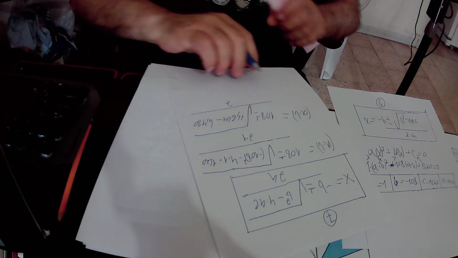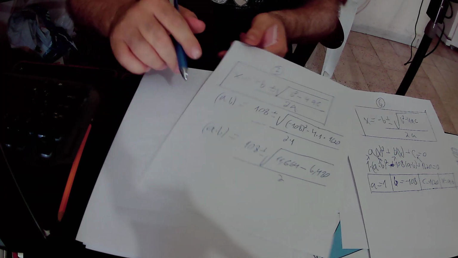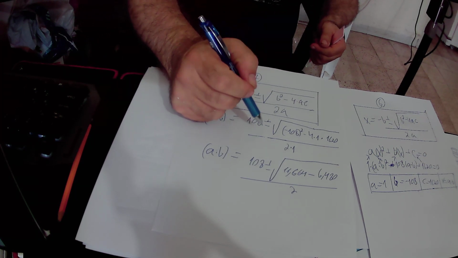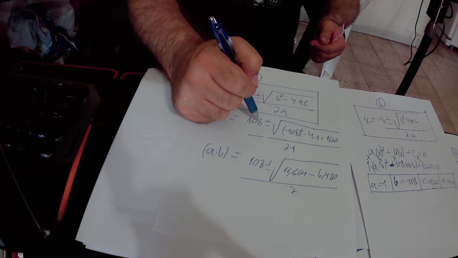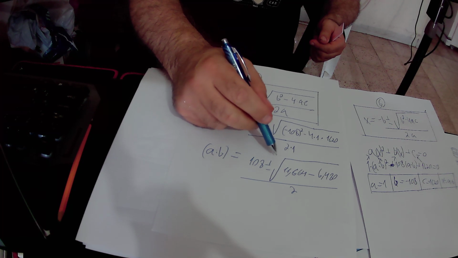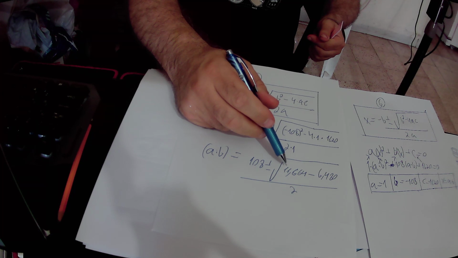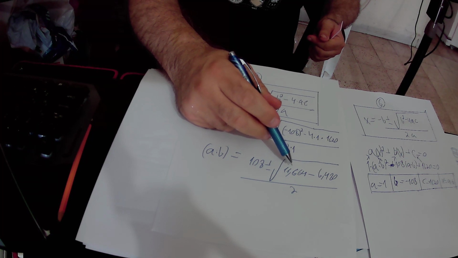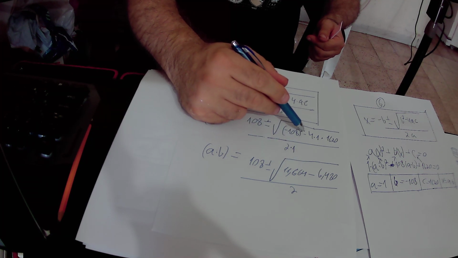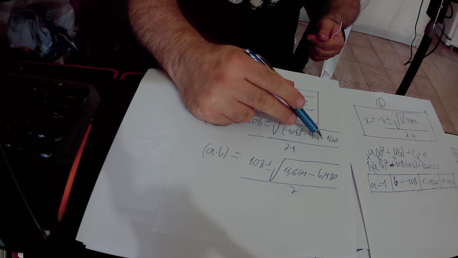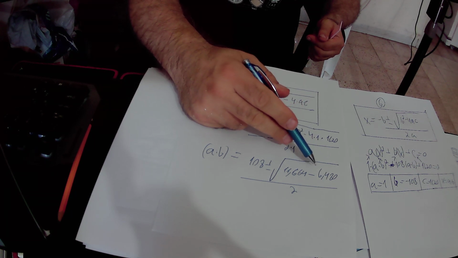Okay, so I'll repeat again. We have 108 plus minus negative 108 squared equals 11,664, and minus 4 times 1620 equals minus 6,480.